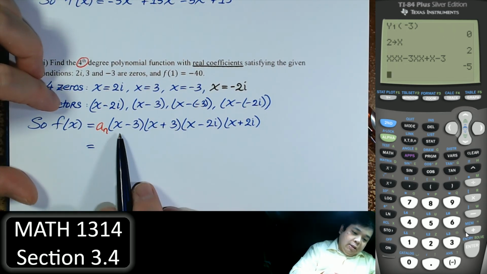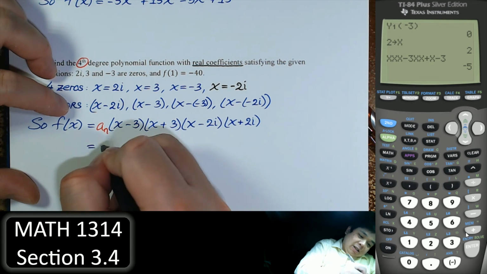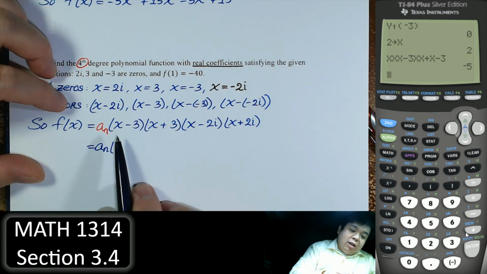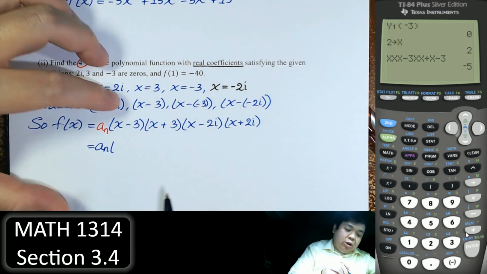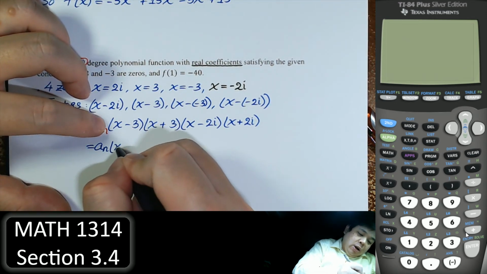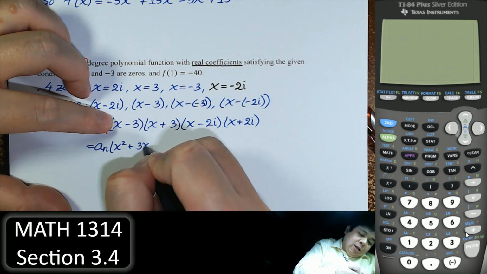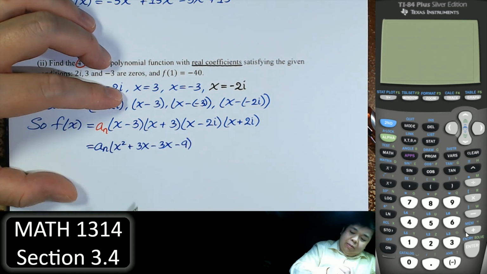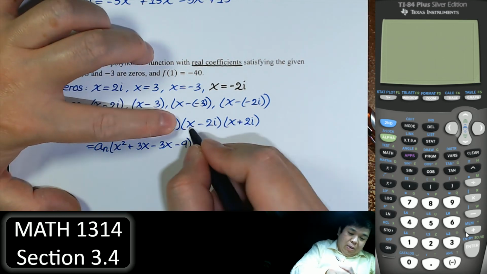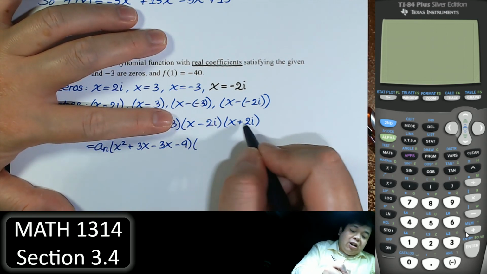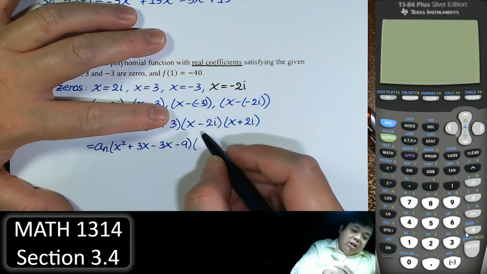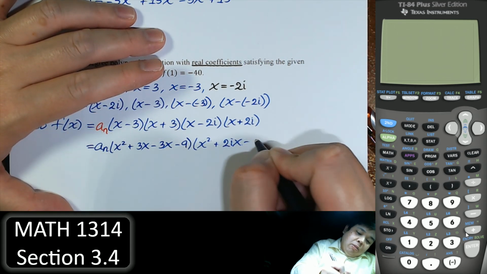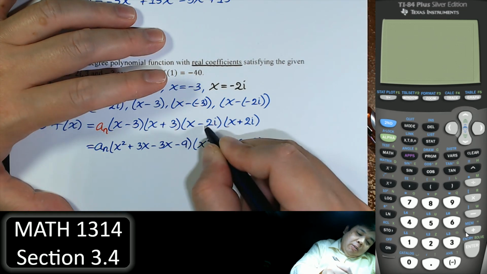Right. So I multiply it out. Multiply these two together, we have x squared plus 3x minus 3x minus 9. And now multiply the factors that have imaginary zeros: x squared plus 2ix minus 2ix minus 4i squared.